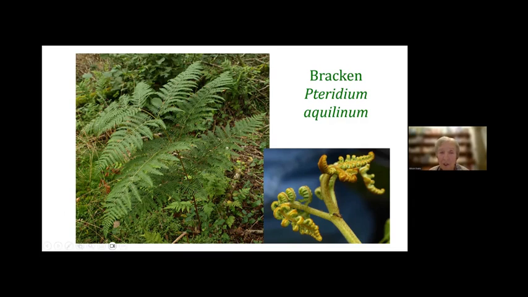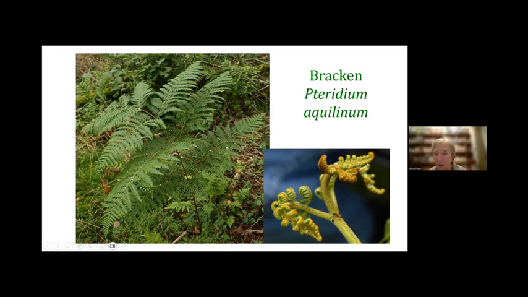So whereas the other ferns we've been looking at, all the pinnae have just been coming off that central rachis, bracken is actually branched. And I think in German it's called eagle fern. And I think it could be that these look like wings. That's where we get the aquilinum, eagle.